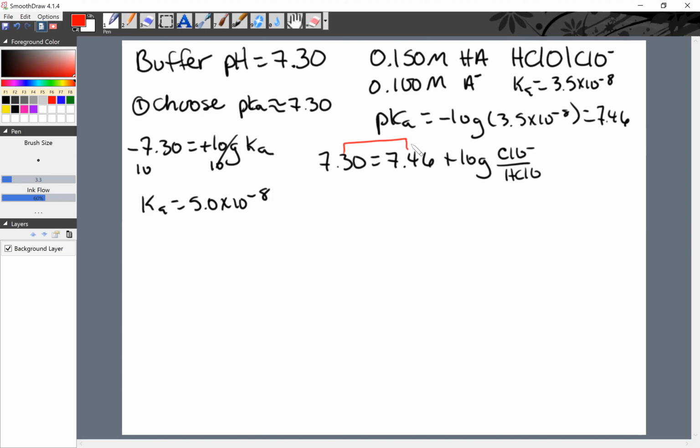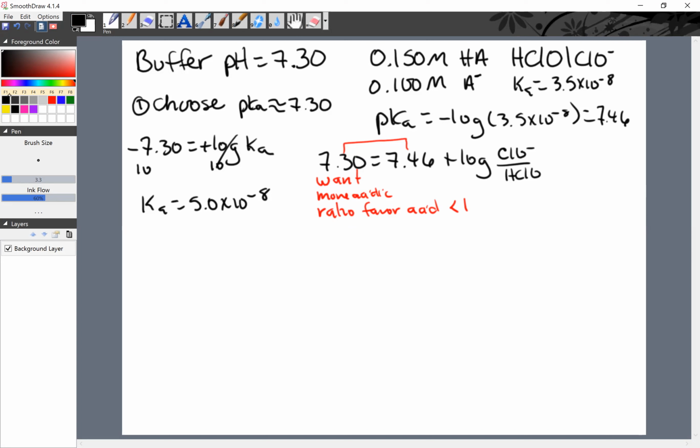The pH that I want is more acidic than the pKa that I have. So I'm going to expect my ratio to favor acid, which is in the denominator, so it should be less than 1. I wanted to know that before I do my calculation.